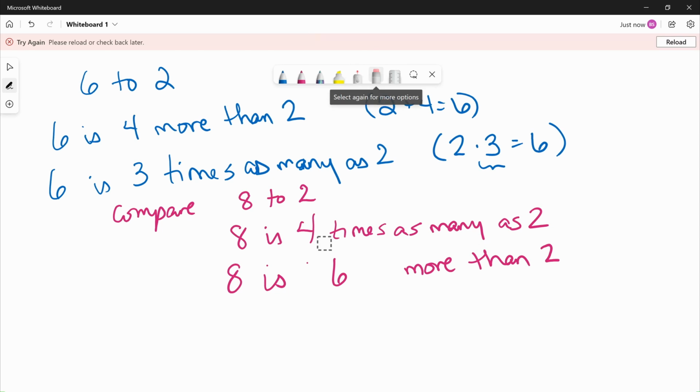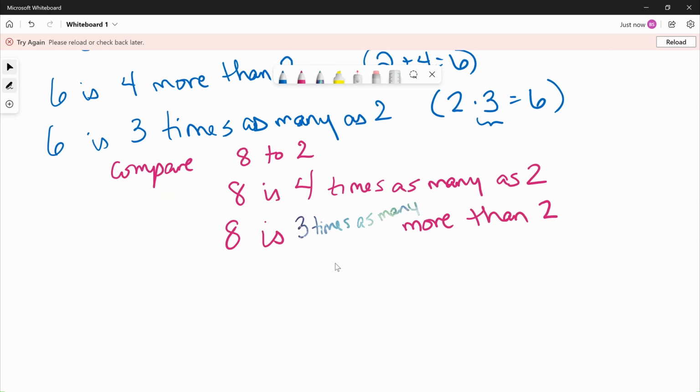So what if I replace this 6 with something else that means the same thing? So 3 times 2 is 6. 6 more than 2. So in English, we use this phrase a lot, times as many more than.